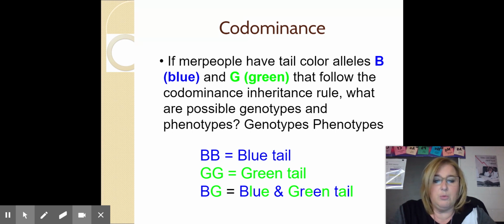And the merperson will have blue and green in their tail. So I try to be all cute there and go blue, green, blue, green, blue, green, just to remind you that that merperson has both colors visible in their phenotype.